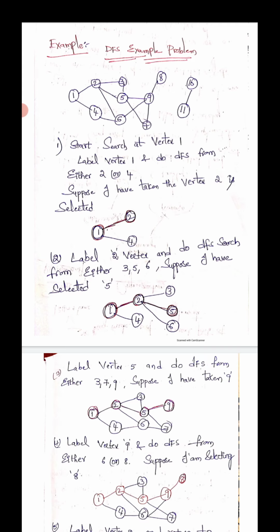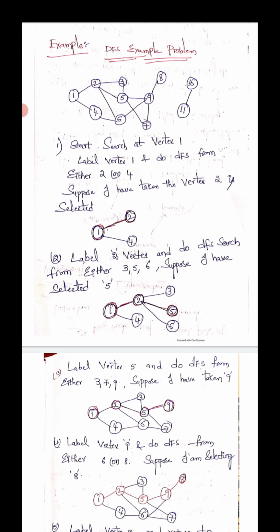Suppose I have taken vertex 2; 1 has adjacent nodes 2 and 4, and I will draw that edge thickly. Next step, label vertex 2 and do depth first search from either 3, 5 or 6.